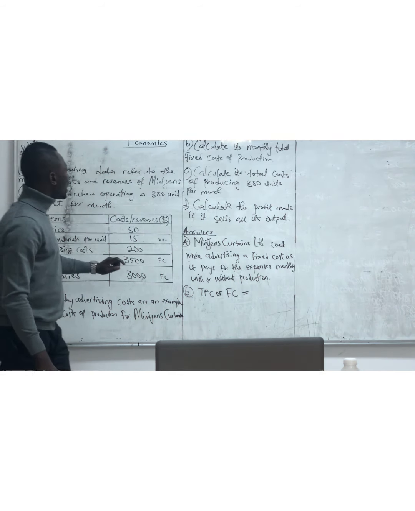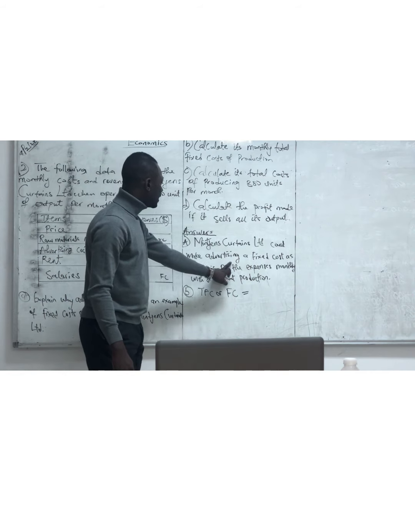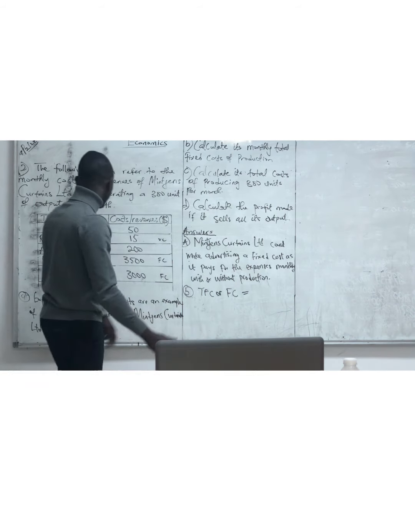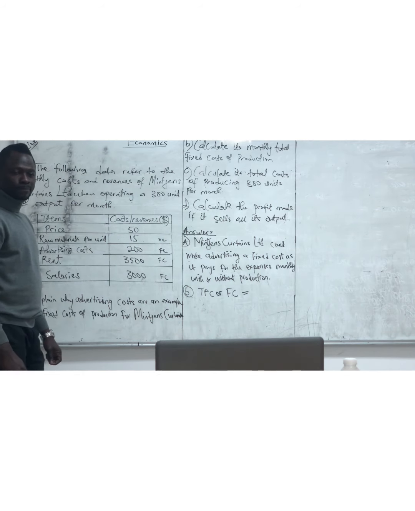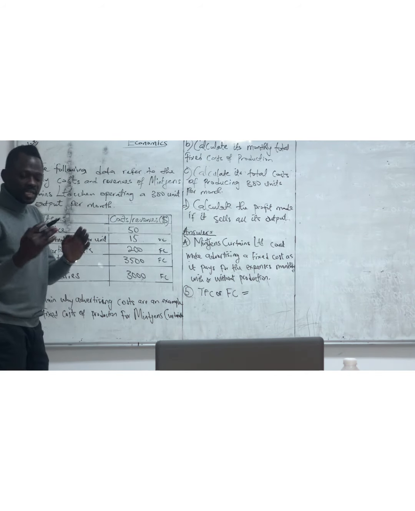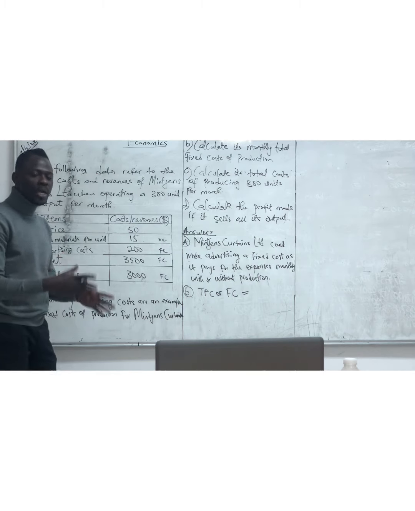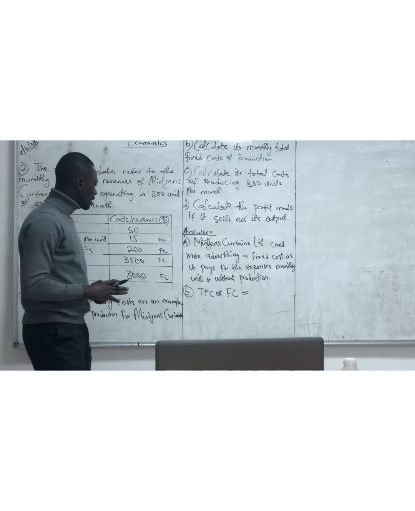Yes. But since they said it has made advertising a fixed cost, it will be part of fixed cost, because it pays it monthly, with or without production. Is it clear?